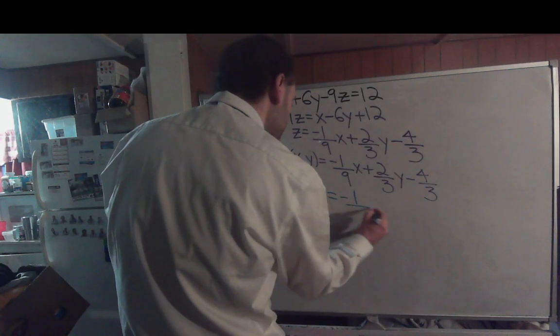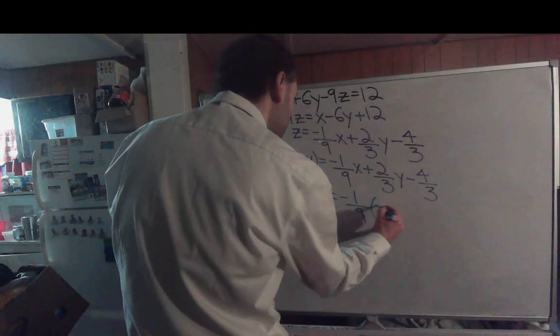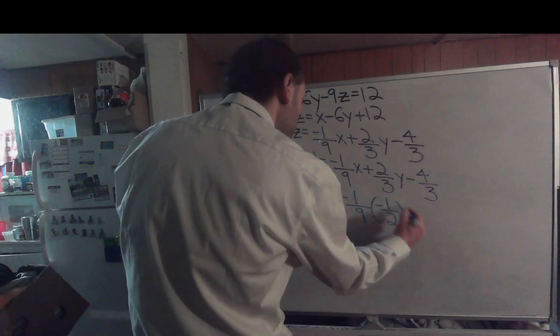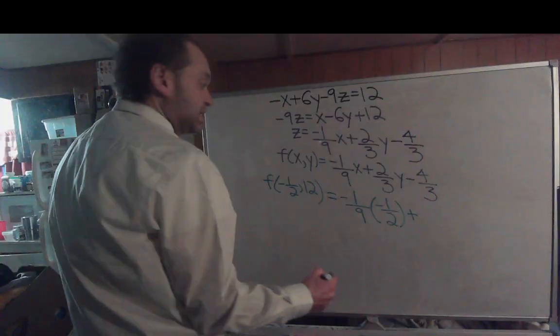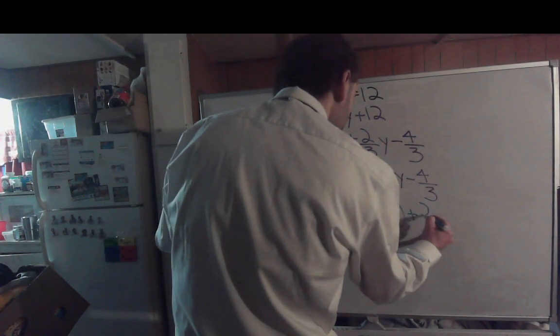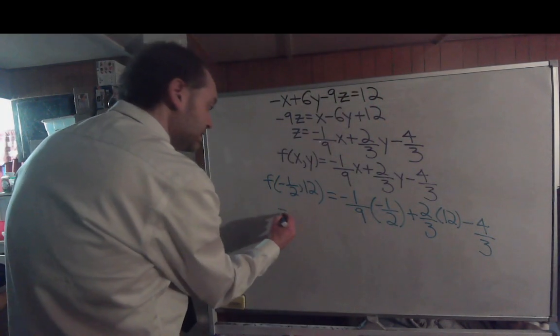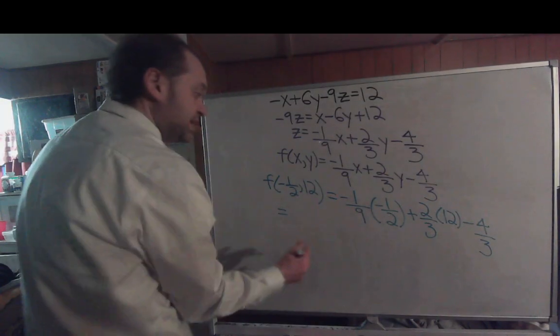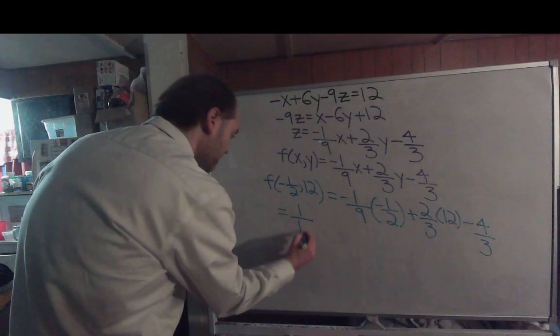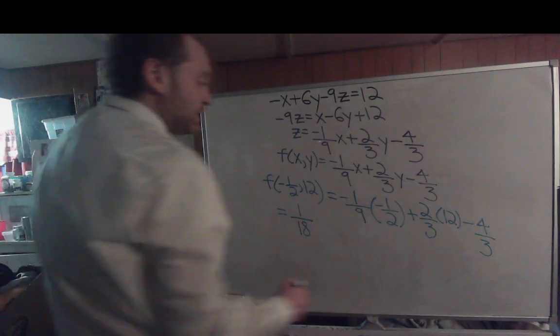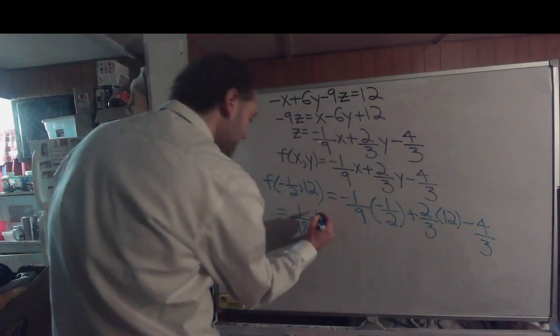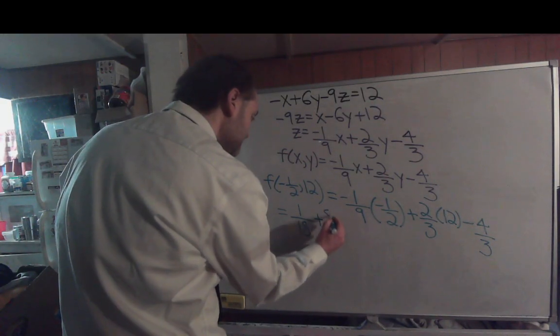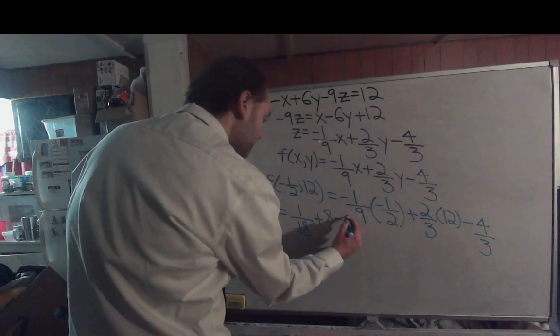You're going to take -1/9 times your -1/2, plus your 2/3 times your y value of 12, then just minus 4/3. Well, -1/9 times -1/2 turns into positive 1/18. 2/3 times 12 would be 8, so that'd be plus 8 minus 4/3.